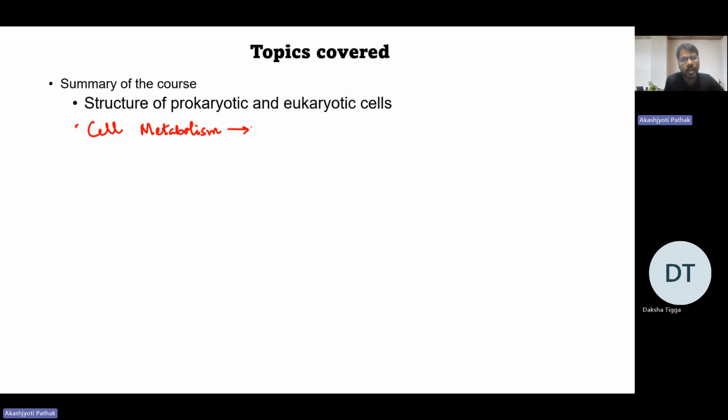We mainly learned about glycolysis, the Krebs cycle, and the ETS, electron transport system, that is the oxidative phosphorylation by which the reducing equivalents NADH can again be oxidized to give us NAD plus, and the cycle can continue. The NAD plus which will be produced will again be utilized in the glycolysis and Krebs cycle pathway. And also ATP will be generated.